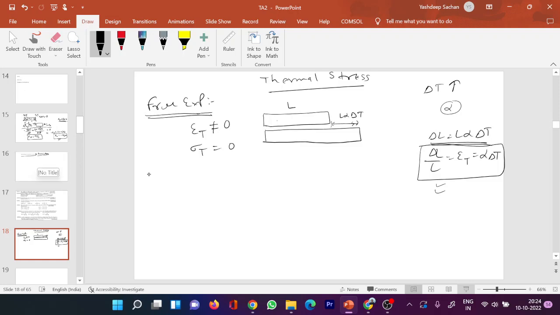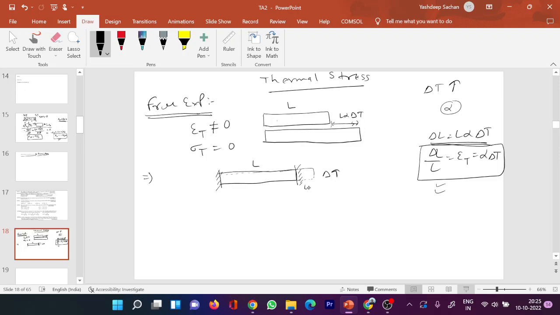And the third one is, let's suppose, another case where L is the length. Now its length is not going to change, but let's suppose we are increasing the temperature. If we are increasing the temperature, then it has a tendency to increase its length, right?